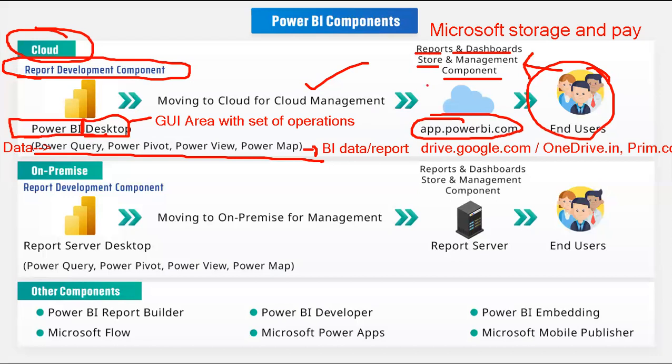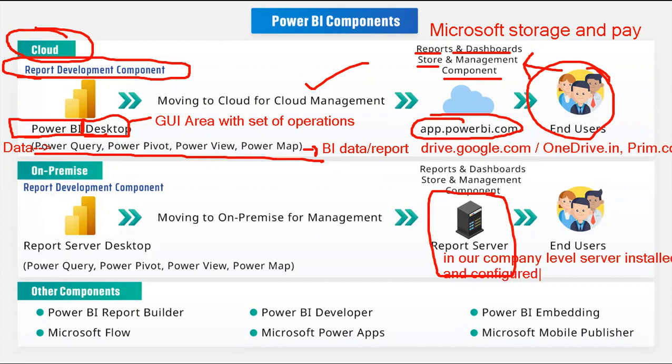And some people say, no, we need on-premises. In our servers, we will install and work on it. This is a server. You need to install and configure it at company level. After configuration, the reports and dashboards will be stored and given to the users to manage.